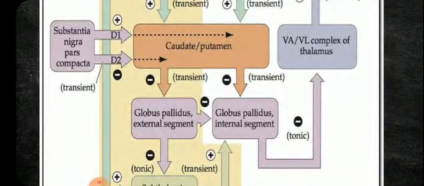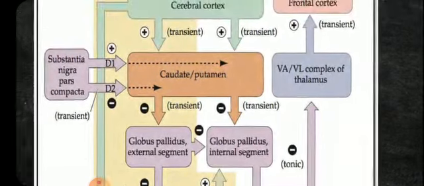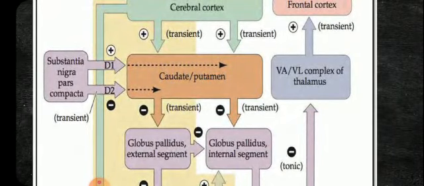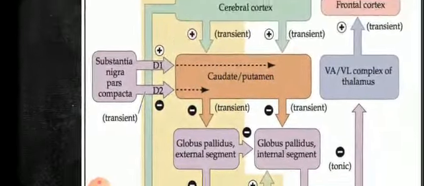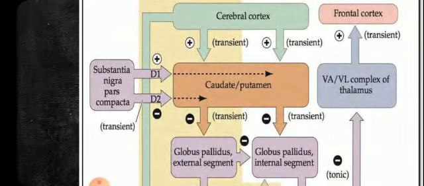When there is no dopamine released at D1, the striatum, or the caudate putamen combination, would lose its stimulation, isn't it? And when there is no dopamine at D2, the inhibition on the indirect pathway is lost. So, simultaneous changes would happen in the pathway.